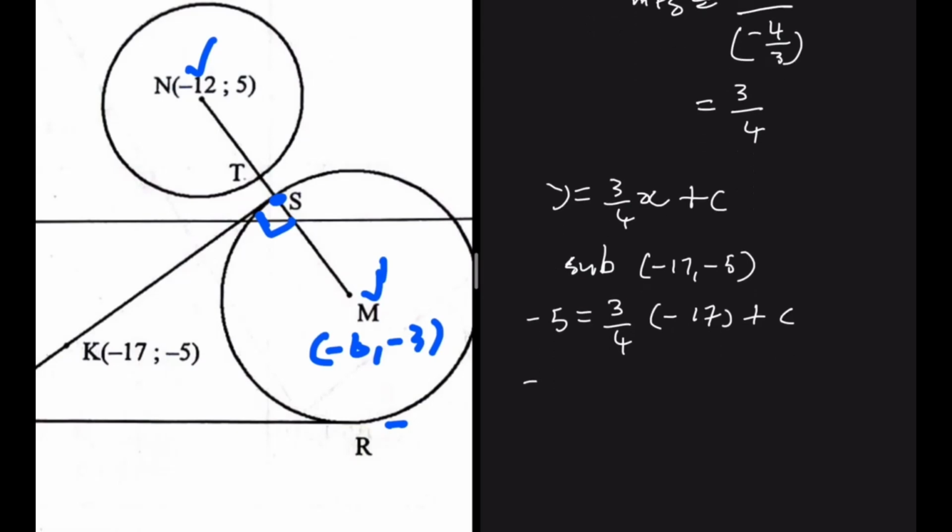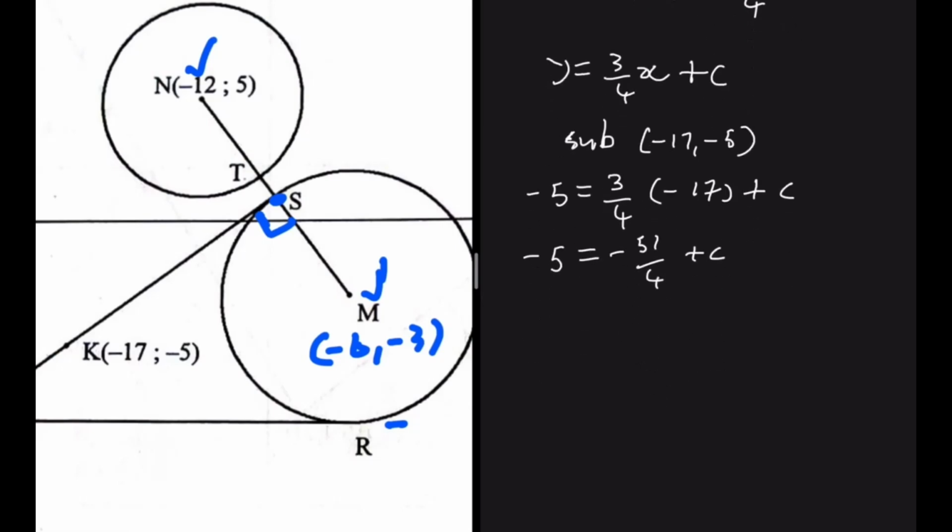So we're gonna have minus 5 equals minus 51 divided by 4 plus c. So you just take minus 51 divided by 4 to the other side. If you do that, you have minus 5 plus 51 divided by 4. That is 31 divided by 4, right?